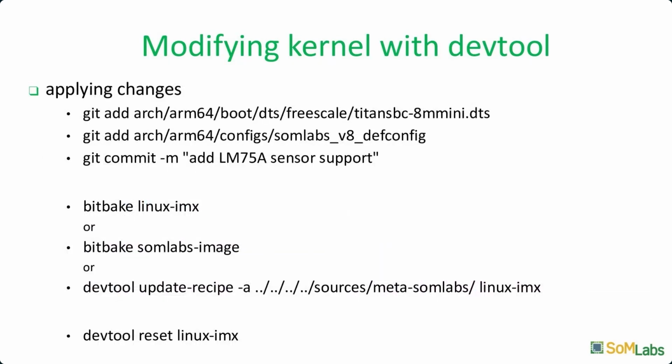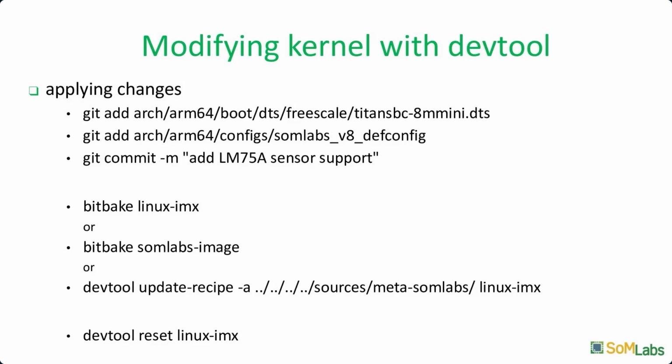Okay. Finally, we can apply the changes to our meta layer. So if we add some commits to the repository in which the kernel code resides, we can create some local patches, and with devtool update-recipe, like here, we can copy this patch to the meta layer.